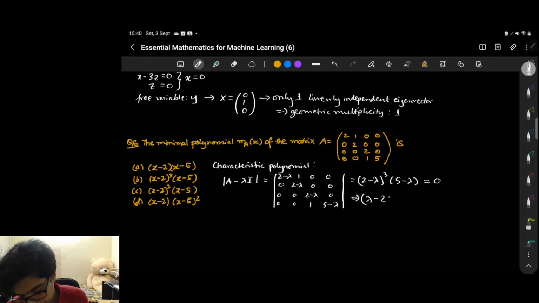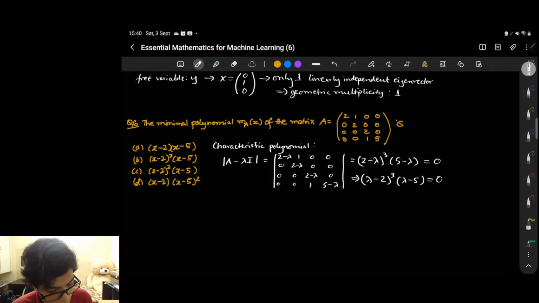Then we can swap the sign, because this is equal to 0. So this is what we get as the characteristic polynomial.